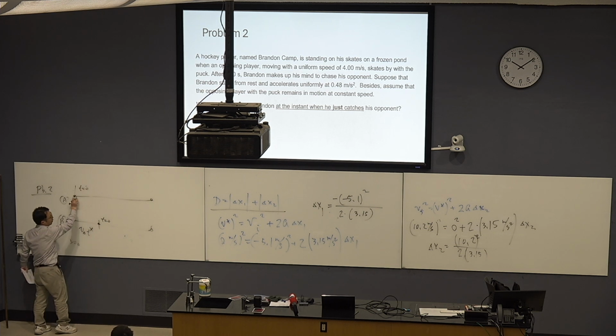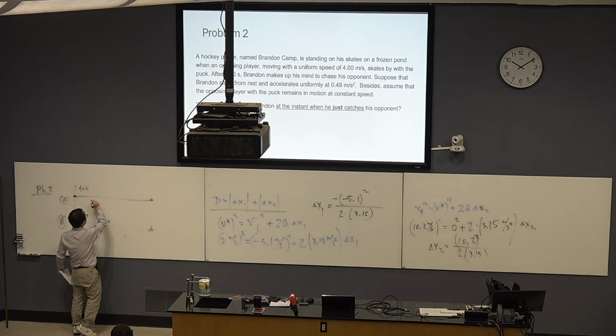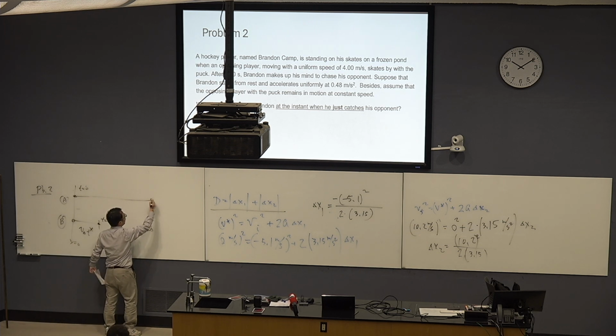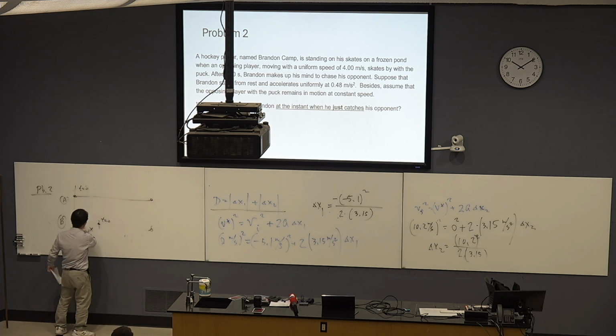Suppose they have a common watch that starts ticking at this moment. The overall distance for Brandon we can call XA, and for his opponent, the overall distance we can call XB.